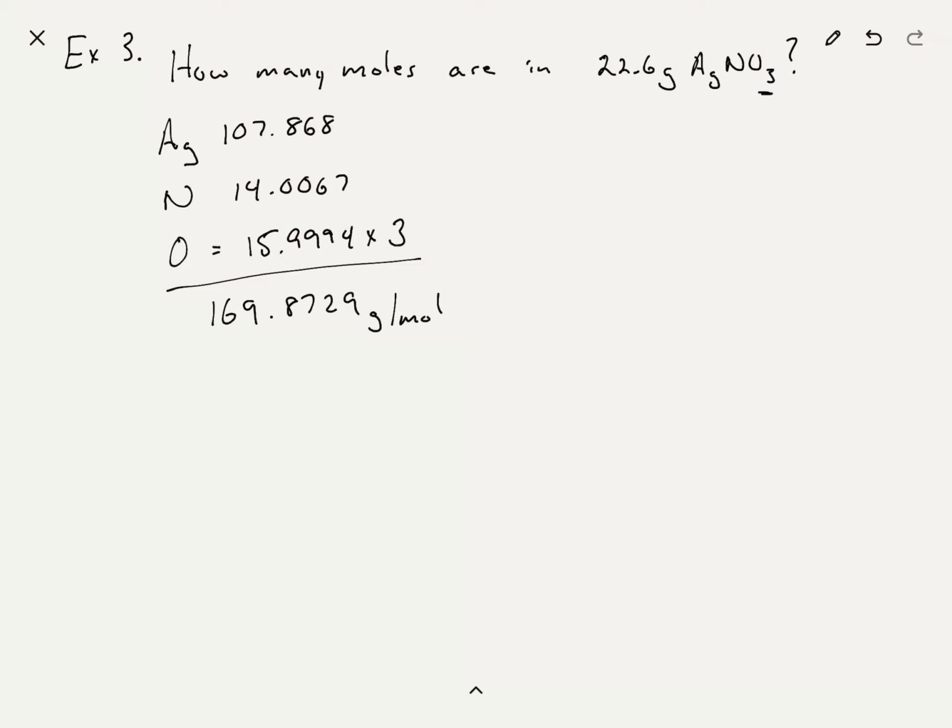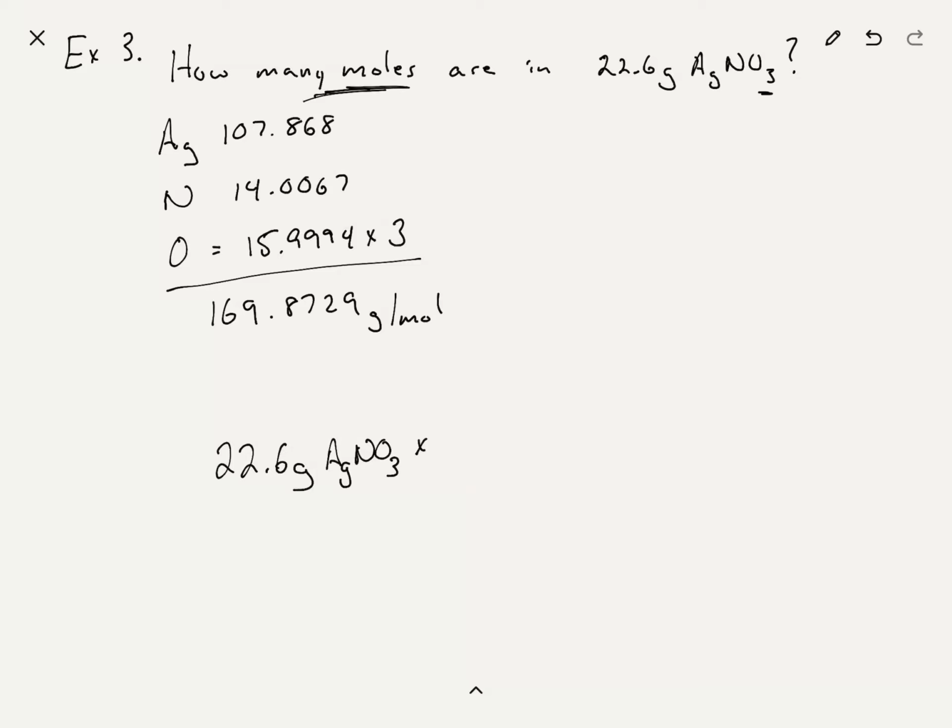So we know we have, from the problem, 22.6 grams of silver nitrate, and we need to figure out how many moles are in that amount. So we are going to take our 22.6 grams.